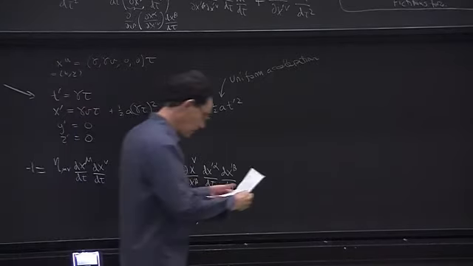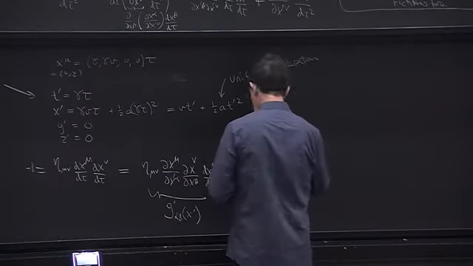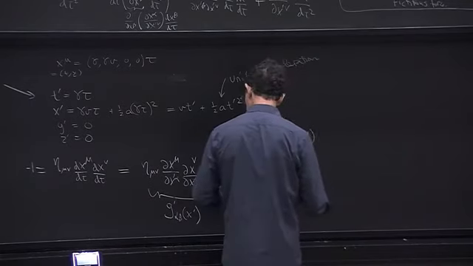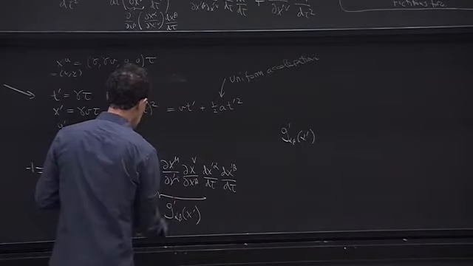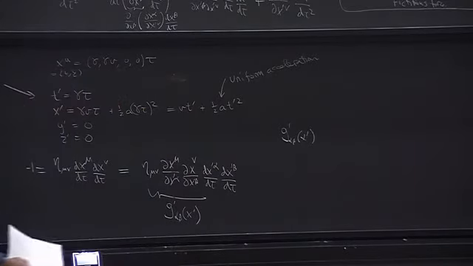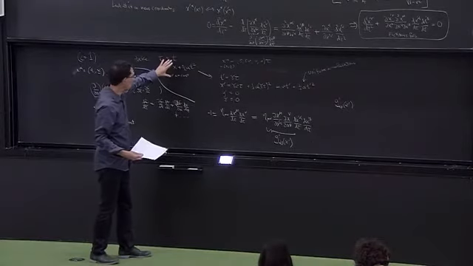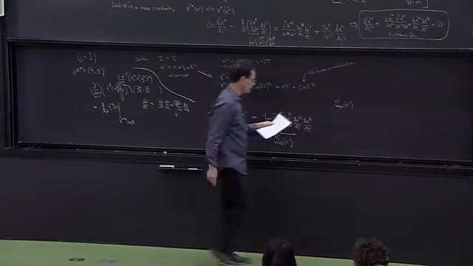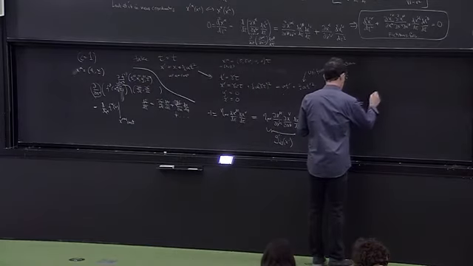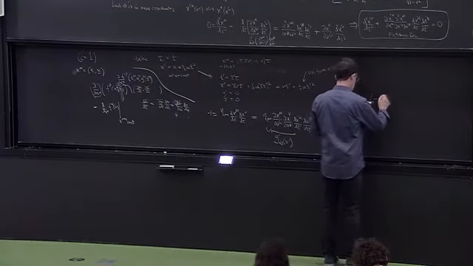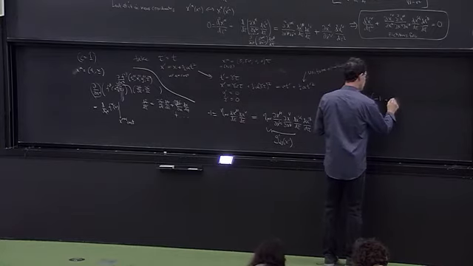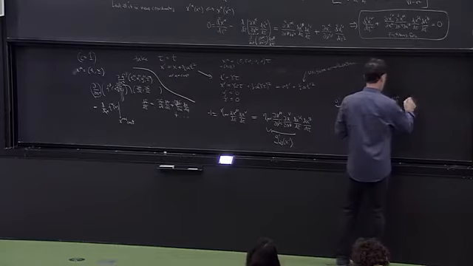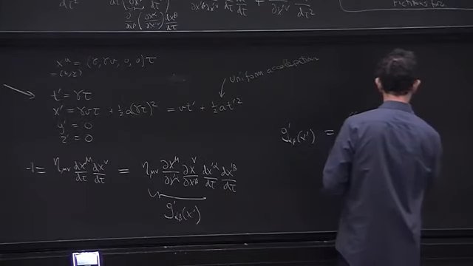And so let's look at G. What is G prime alpha beta of x prime? You can easily work it out. It's just given by these Jacobian derivatives, so you need to differentiate these, express x in terms of x prime, and differentiate. And what you get is -1 plus a t prime squared in the 0, 0 component.